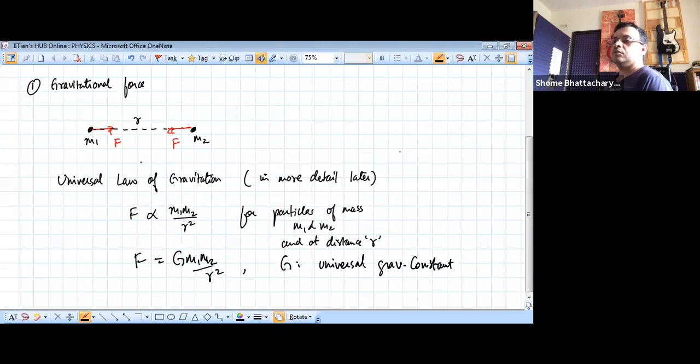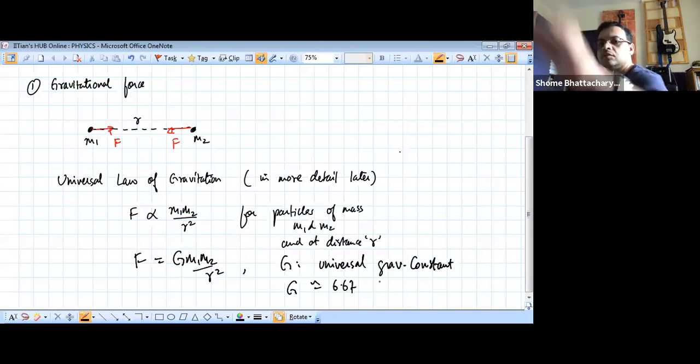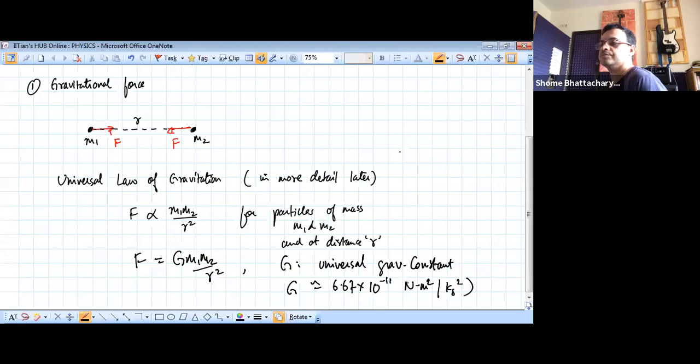The value of capital G is approximately 6.67 into 10 raised to the power minus 11 Newton meter square divided by kilogram square.